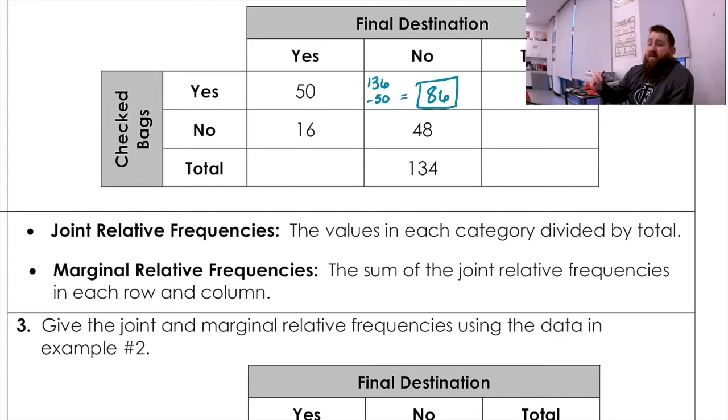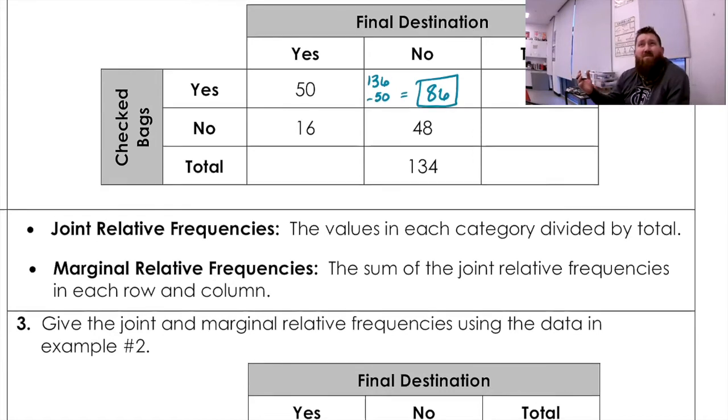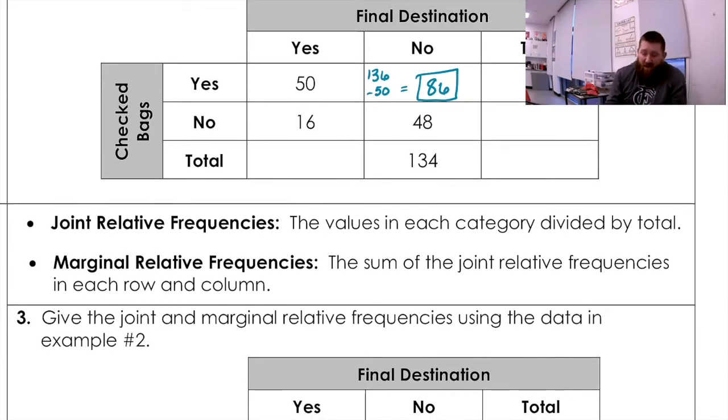And then the others are all just marginal, so we can just add them together. So 50 plus 16, we got 66. 16 plus 48, 64. And then of course we add everybody together. 66 and 134, 136 and 64, and we get 200.